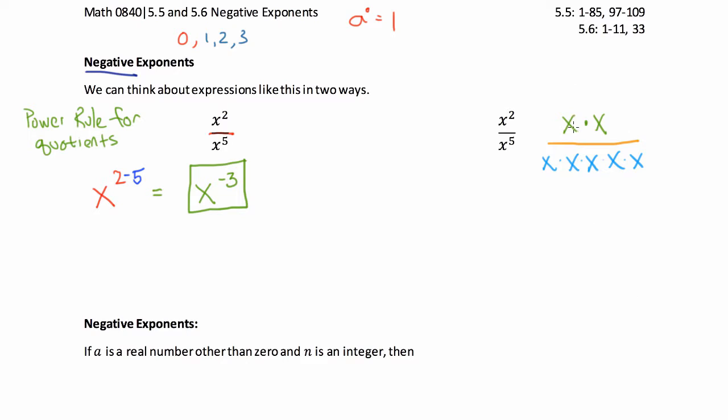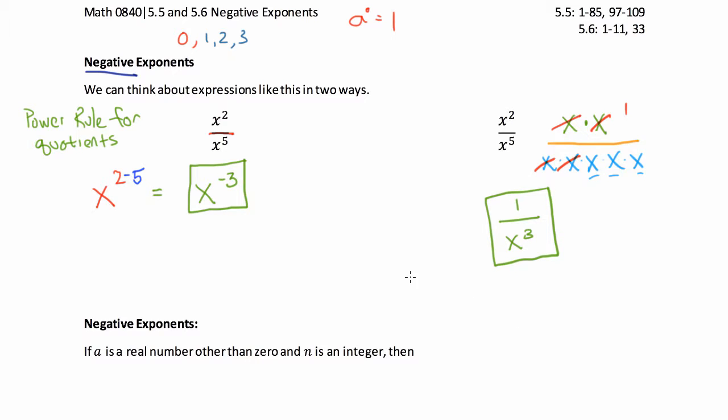And now I have some cancellation that can occur. So this x is going to cancel that one. That's going to cancel that. And what's left up top is 1. And what's left on the bottom is just 1, 2, 3 x's. So my final answer then is 1 over x cubed.